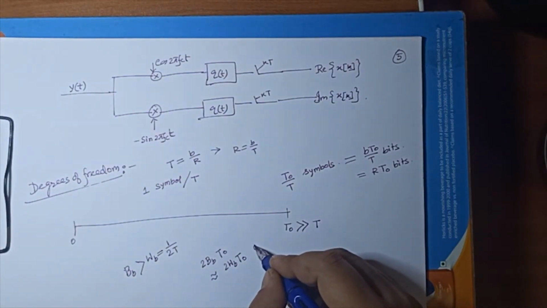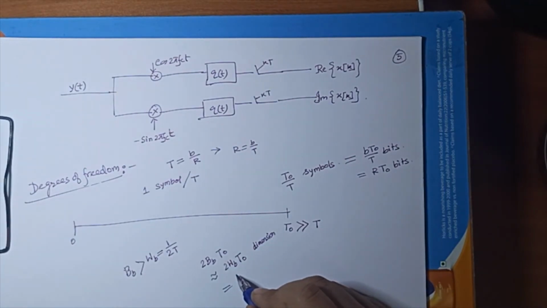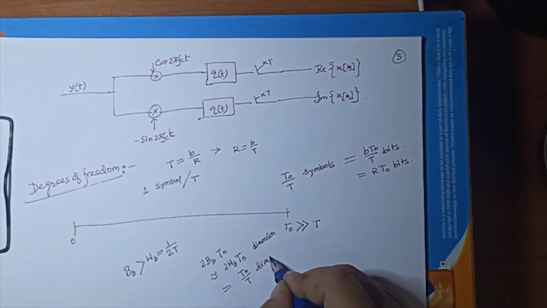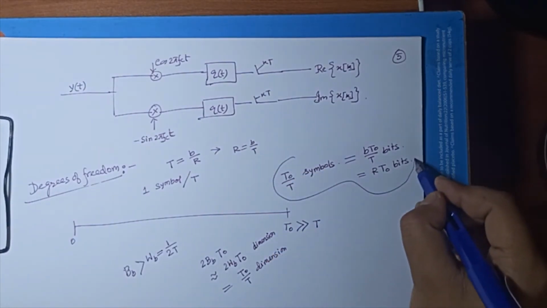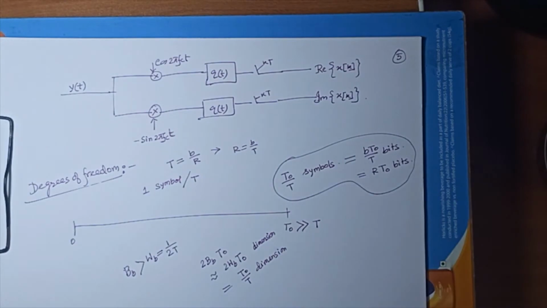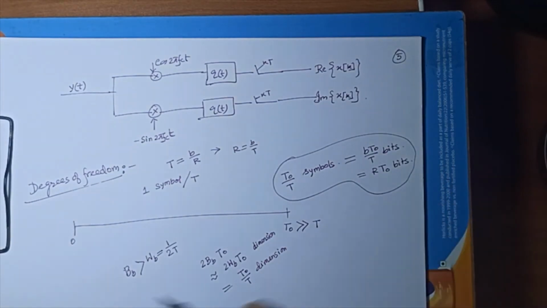This is the total dimension. Which is equal to, 2 WB is 1 by T, so T0 by T, that is the dimension. And you see that exactly matches with our intuitive idea of symbols, how many symbols you can send. So you are basically sending one symbol per dimension. That is the understanding. It is one dimensional signaling, isn't it?